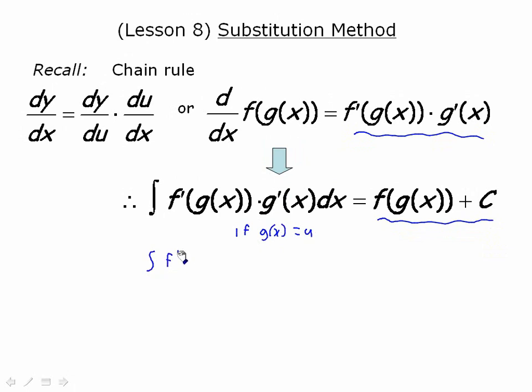f prime at u, then g prime at x could be written as the derivative of the u function with respect to x, and then dx is still there. And then if you think of these as differentials, you can cancel the dx's out, and we would then get f prime at u with the du there, which is just there as basically window dressing.